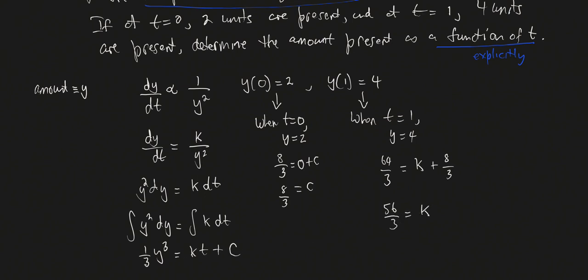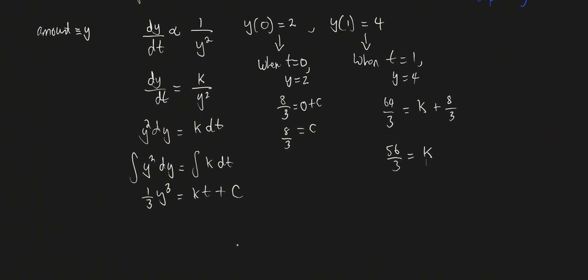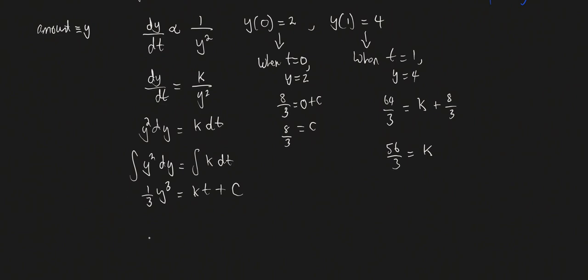That's good. So now I can go through and substitute, right? So now I know all my constants. My constants have been determined. So this implies 1/3 y cubed is equal to 56 over 3 times t plus 8 over 3.